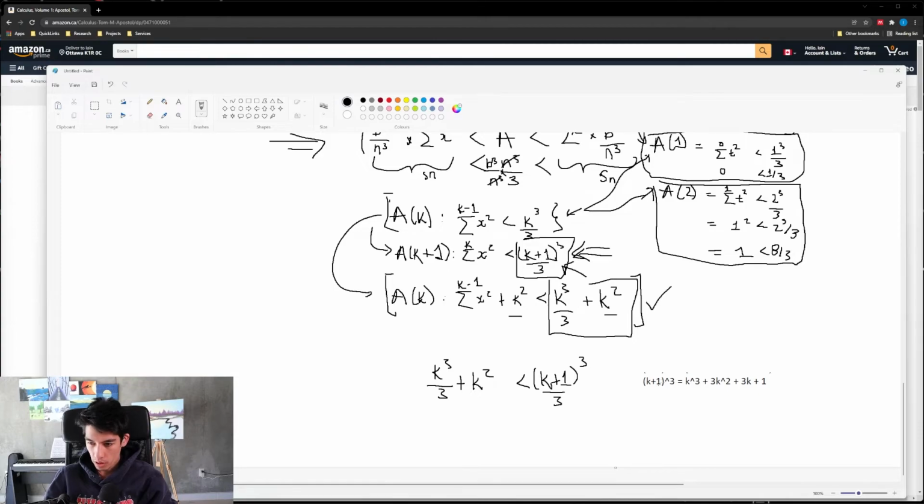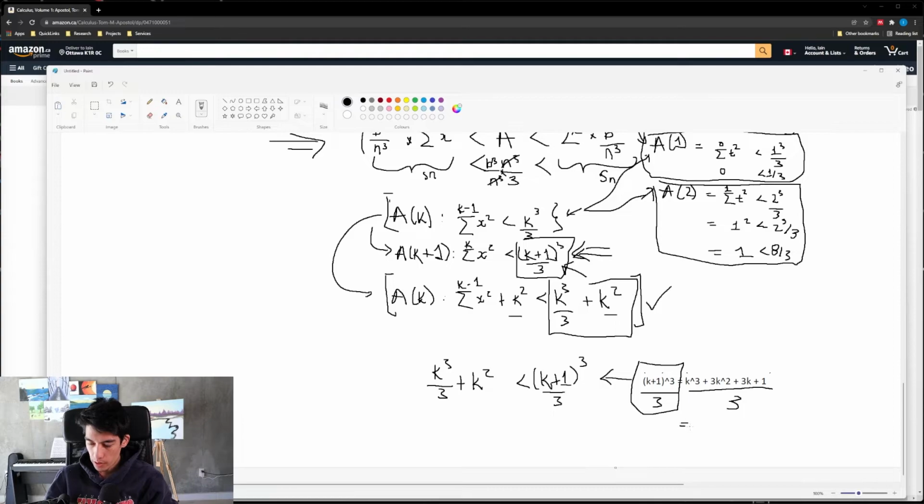If we divide k plus 1 cubed by 3, well, then we end up with this part matching this part right here.